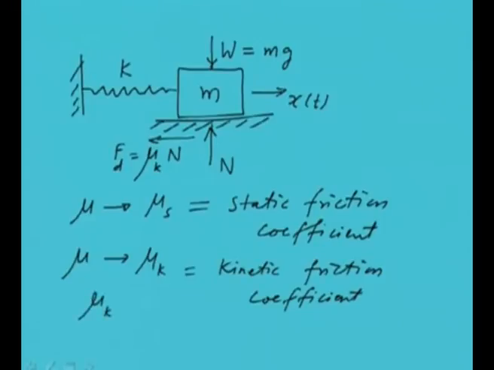Generally the kinetic friction coefficient is less than the static coefficient. So once the body starts moving, the friction force is less than when it was stationary. The friction force decreases, but while the body is moving, the friction force will not change; it remains constant. That is one of the conditions in this dry friction case.